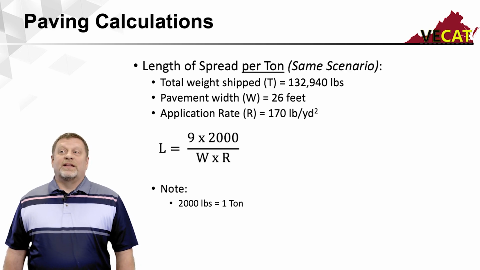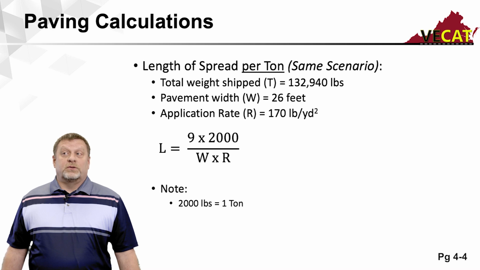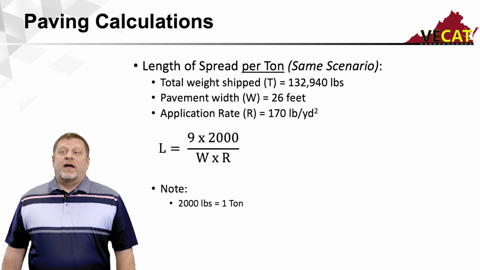Now let's talk about the length of spread per a single ton using the same scenario. When I say same scenario, we're still keeping the pounds, the pavement width, and the application rate as we had on the previous slide. And of course you see the note here that 1 ton equals 2,000 pounds. So that's why we switched the formula.